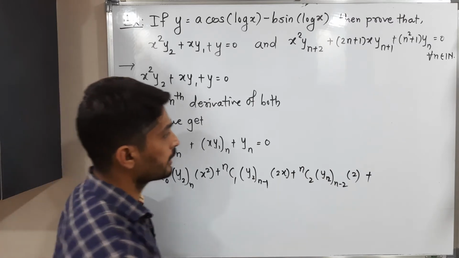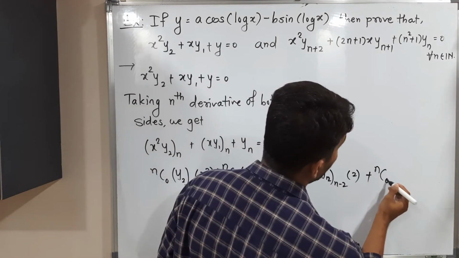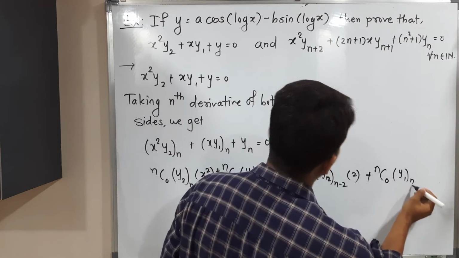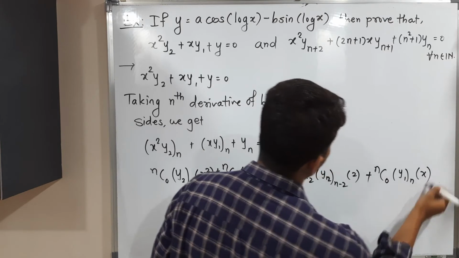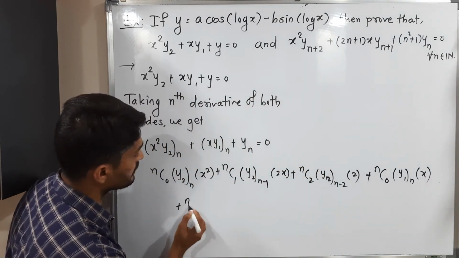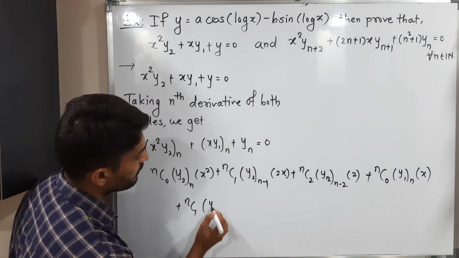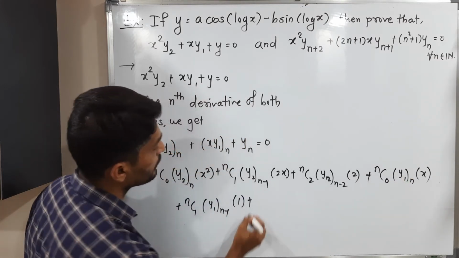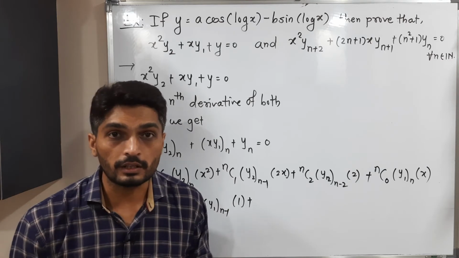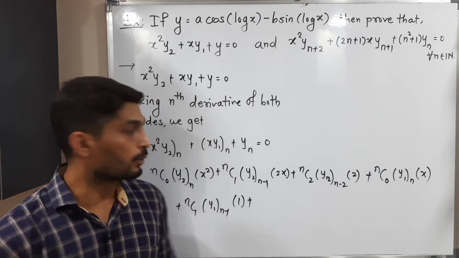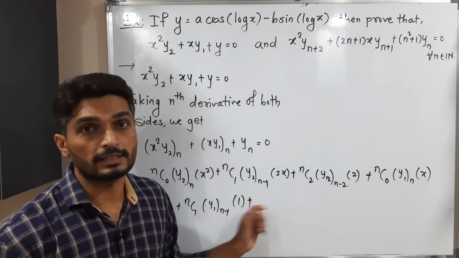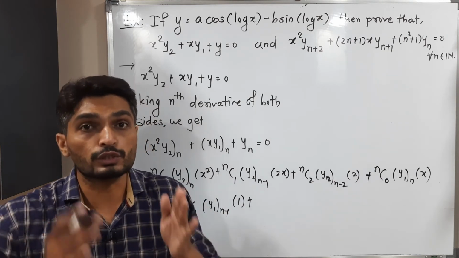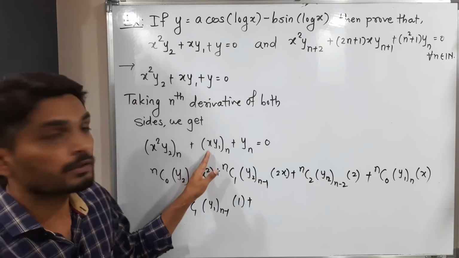So we start with nC0, the nth derivative of y1, and x as it is, plus nC1, y1 n minus 1, the derivative of x is 1, a constant. If I take the next derivative, it will be 0. In this way all remaining terms will be 0, so we should stop here. So this derivative also we have finished.